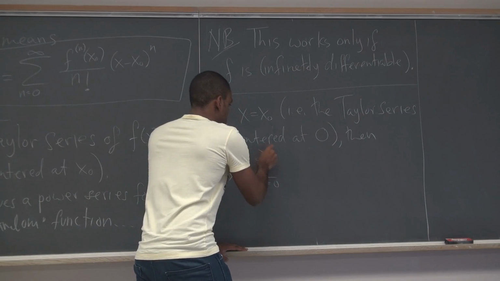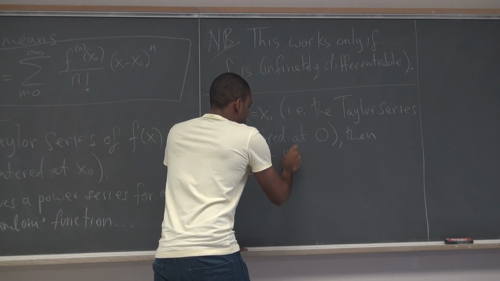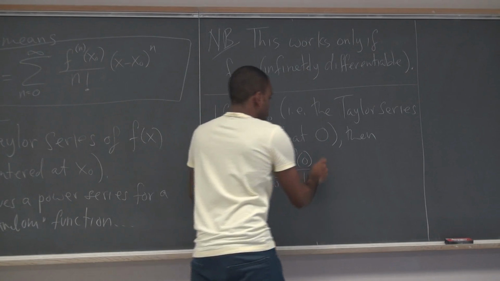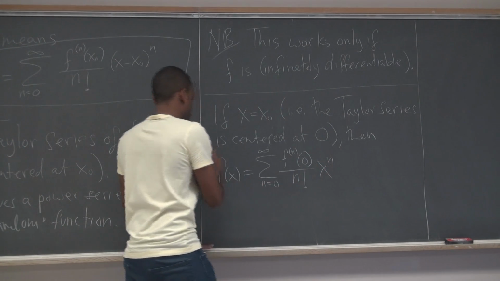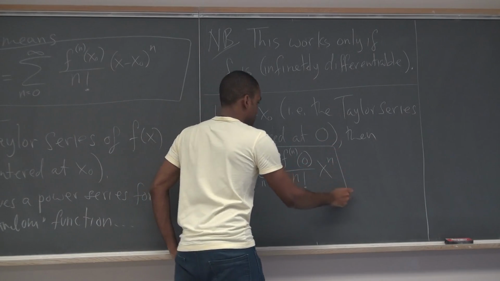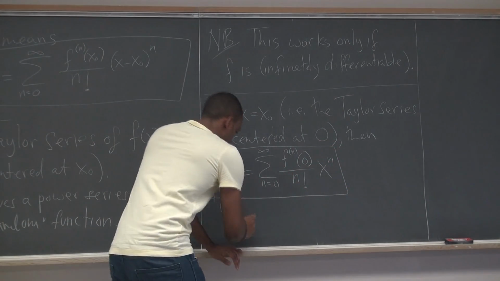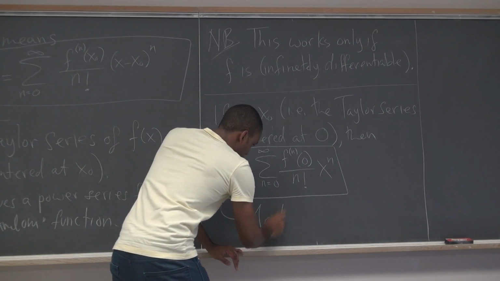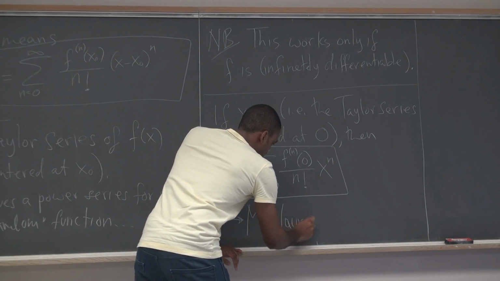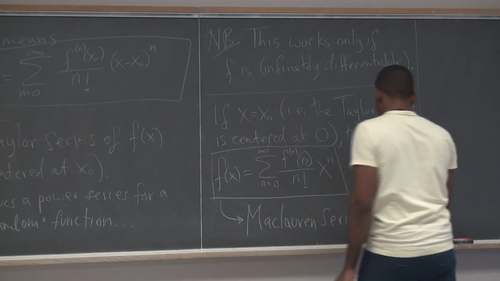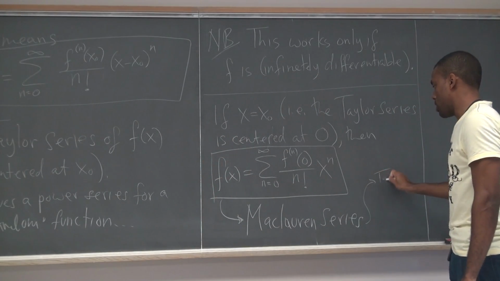N goes from 0 to infinity of f to the nth derivative evaluated at 0 over n factorial times x to the n. This form has a very special name because we like evaluating at 0. This is what's called the Maclaurin series. Right, so it's basically a Taylor series centered at 0. You call it a Maclaurin series.